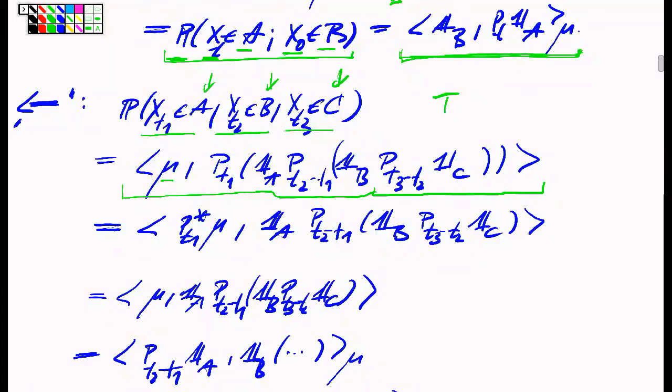So this one here, for instance, represents the probability to jump from a certain point to the set C in the time step from T2 to T3.